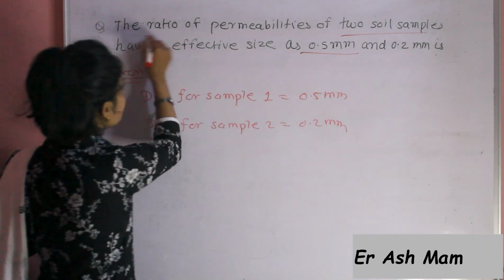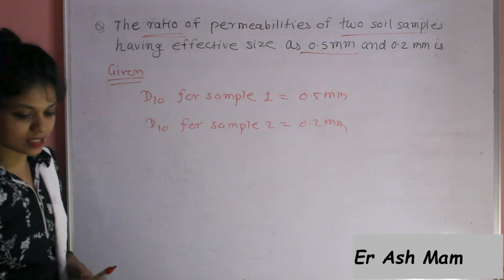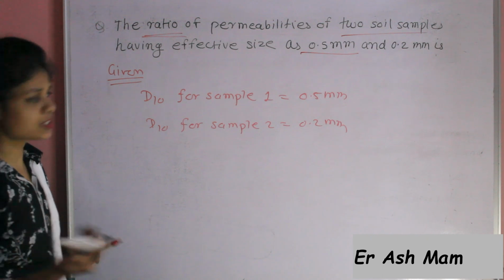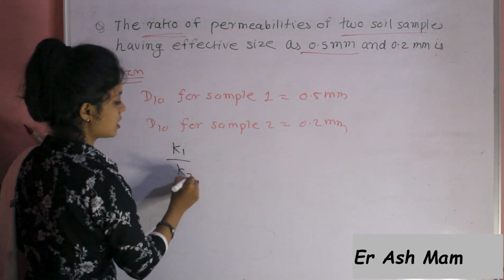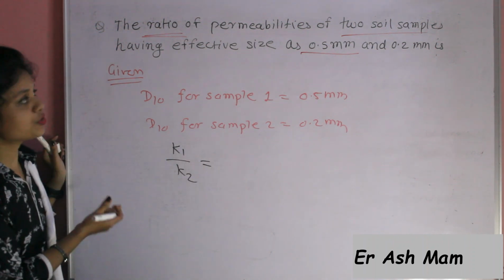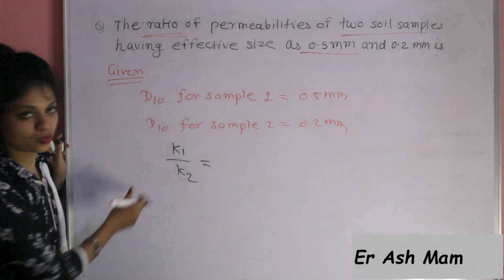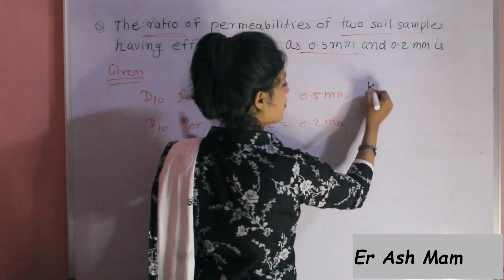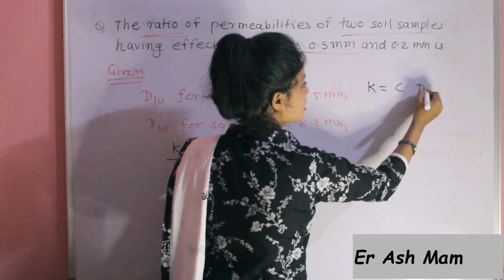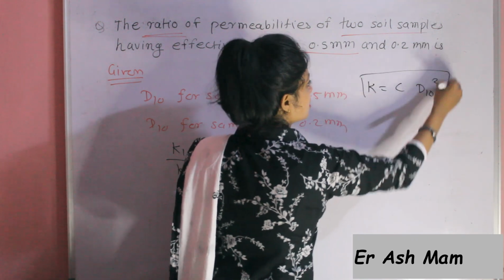We have to calculate ratio of permeabilities. Permeability is denoted by symbol K. Therefore, ratio of K1 and K2, that is coefficient of permeability of sample 1 upon 2, K1 upon K2.